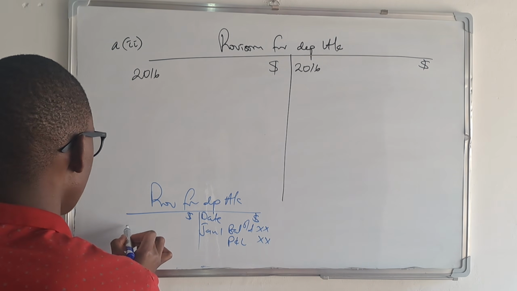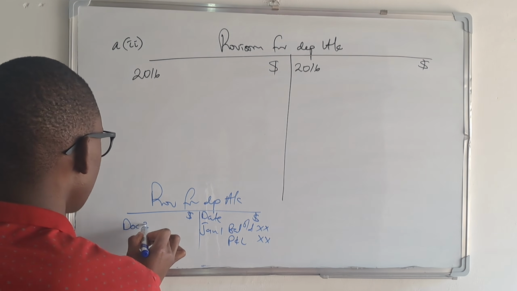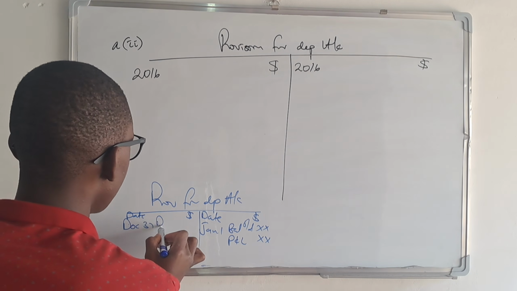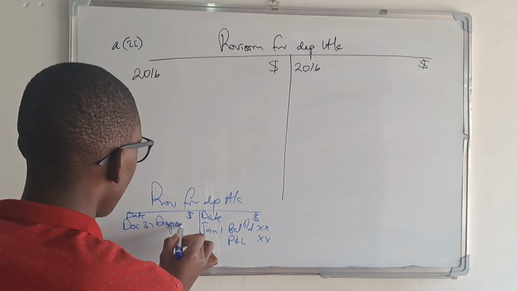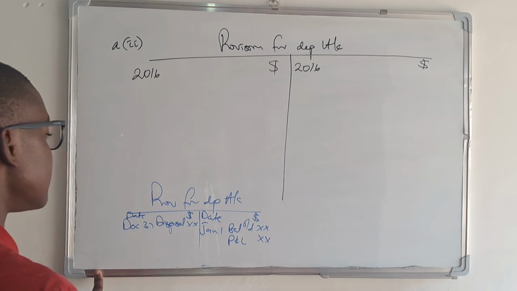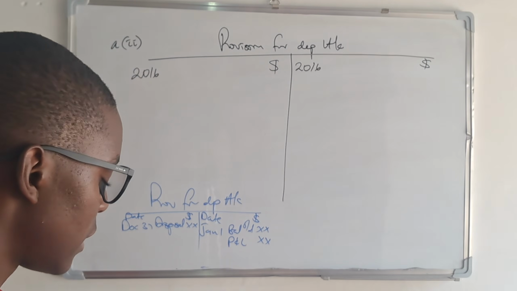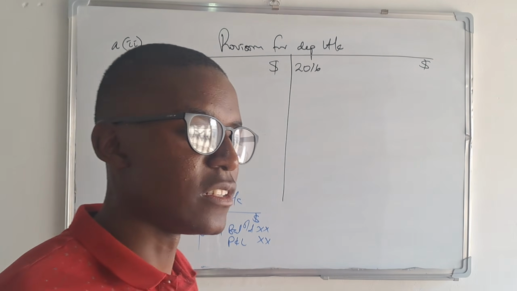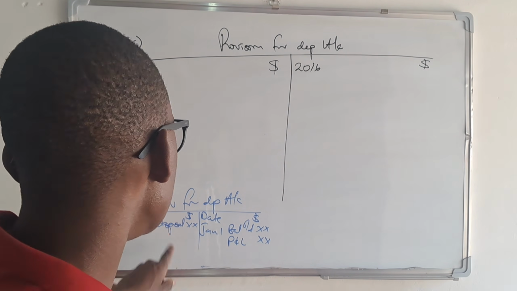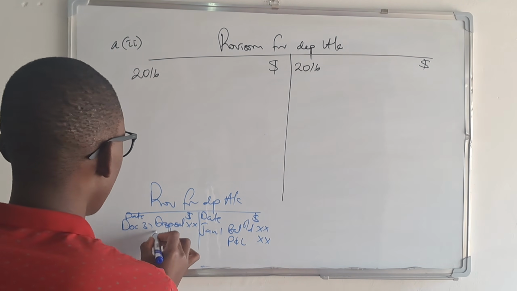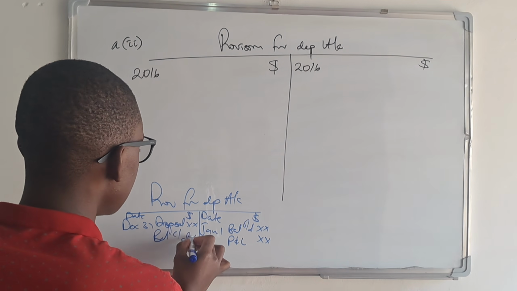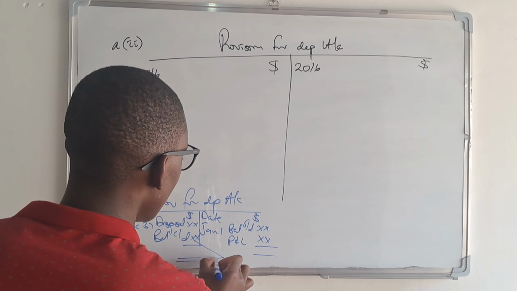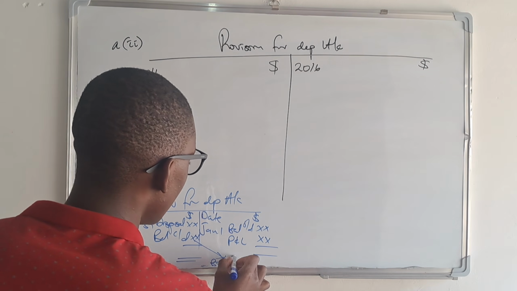Then we have, suppose December 31, a disposal. This disposal represents how much depreciation the asset accumulated from the date it was purchased to the date it was sold. Then we have the balance c/d, the closing balance. Then you close off your account. This balance c/d will be a balance b/d on this side.